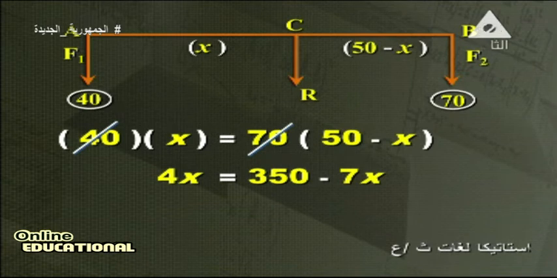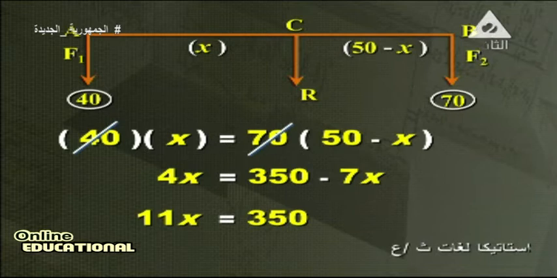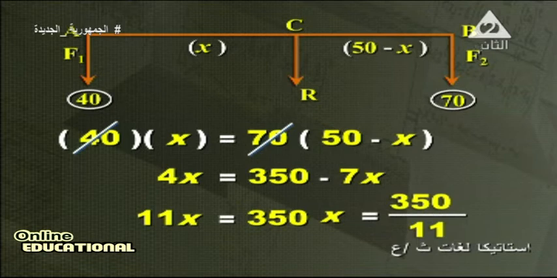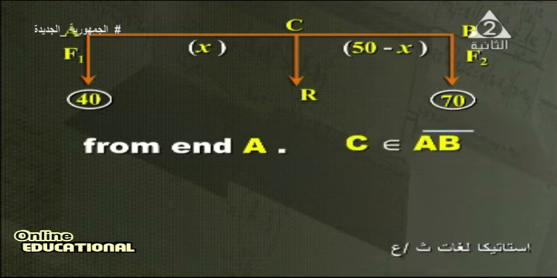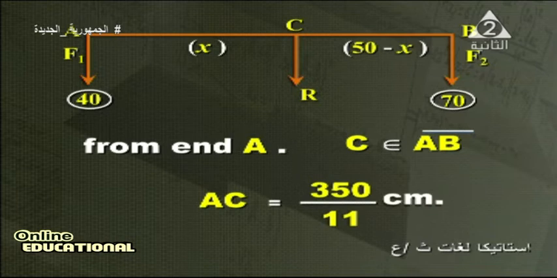By collecting like terms, 11X equals 350. What is the value of X? 350 over 11. From end A, we know that C belongs to AB, and AC is 350 over 11 centimeters.